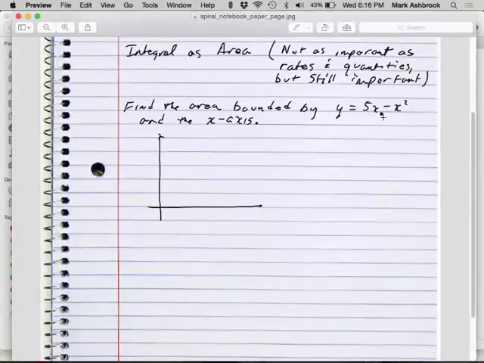So if we graph 5x minus x squared, one thing we could do is say that's a parabola opening downward because it's minus x squared. And we could factor out an x to see that it has roots at 0 and 5.